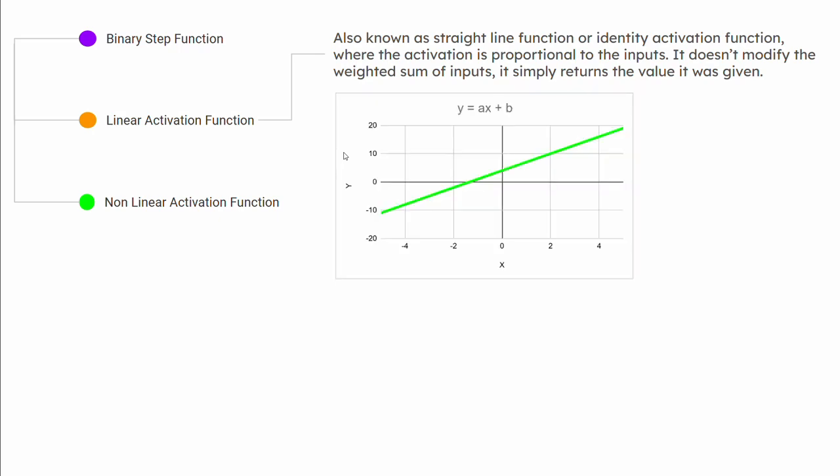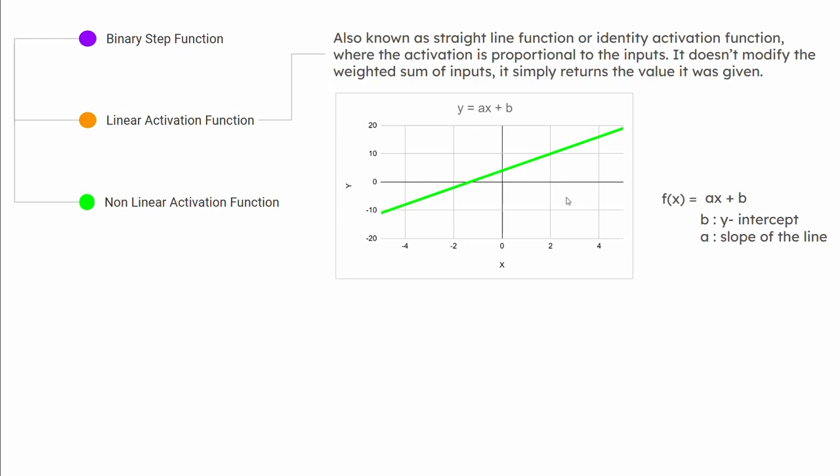This is the graph, a straight line. The mathematical function is f(x) = ax + b, where b is the y-intercept, this length here, and a is the slope of the line.